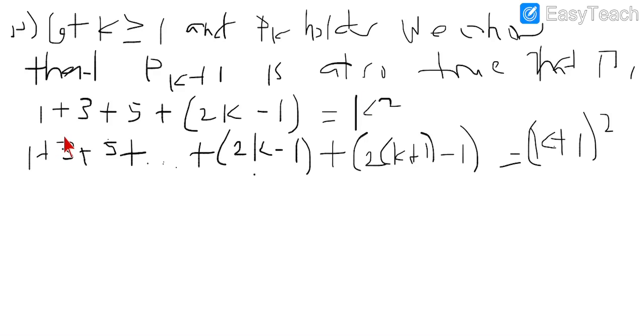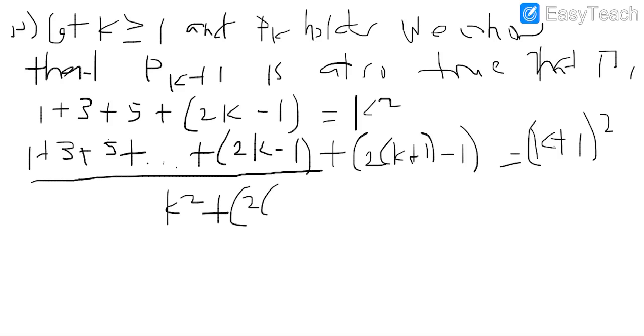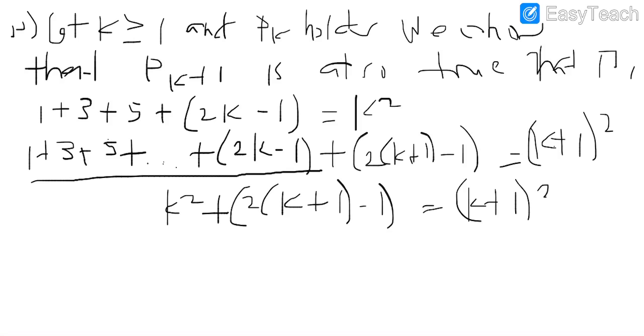So we can replace this whole statement with k squared. That becomes k squared plus 2 times k plus 1 minus 1 equals k plus 1 squared.